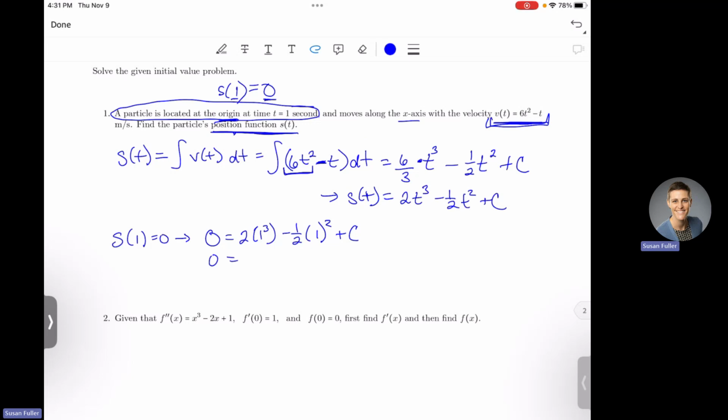And so this is going to give me 2 minus 1/2 plus c, which means 0 equals 3/2 plus c, and c is negative 3/2. And so then I can put that together with my position function. So my exact position function is s of t equals 2t to the third minus 1/2 t squared minus 3/2.